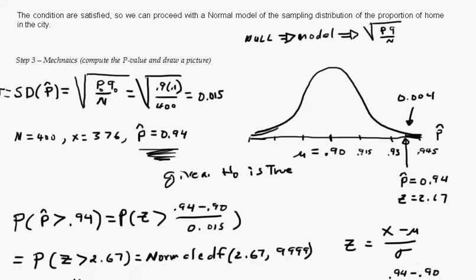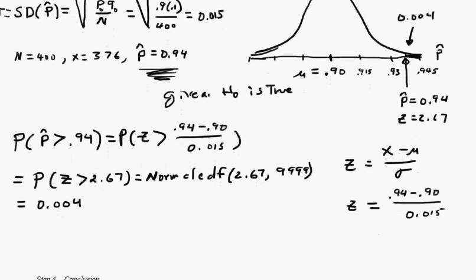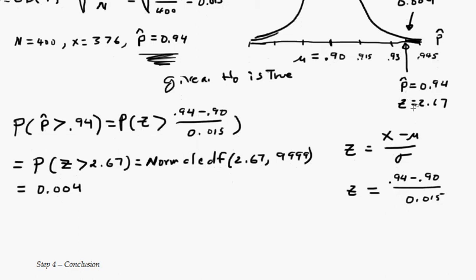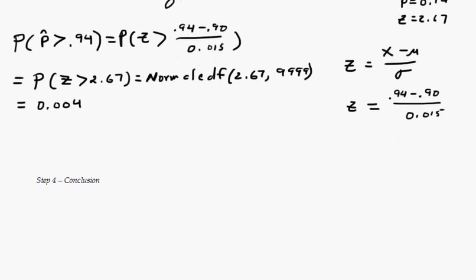We did all these computations, and what we found is that the sample statistic is actually 2.67 standard deviations, or 2.7 standard deviations, away from the mean. So when we calculated the probability of that happening, it looks like it would happen less than 1% of the time.